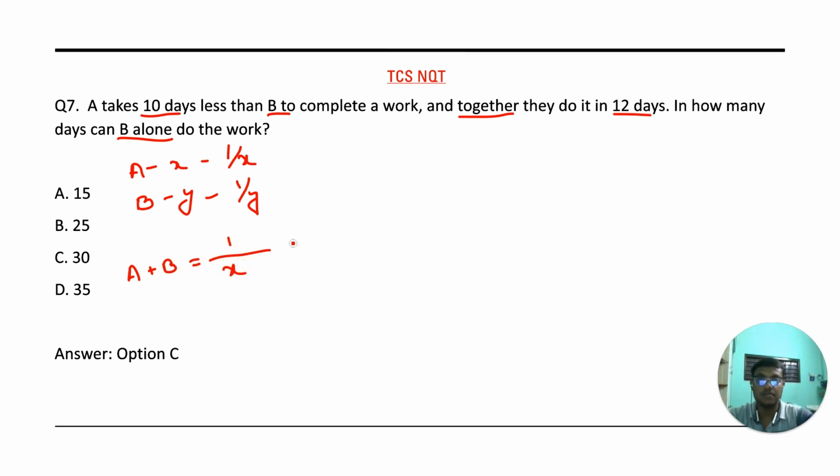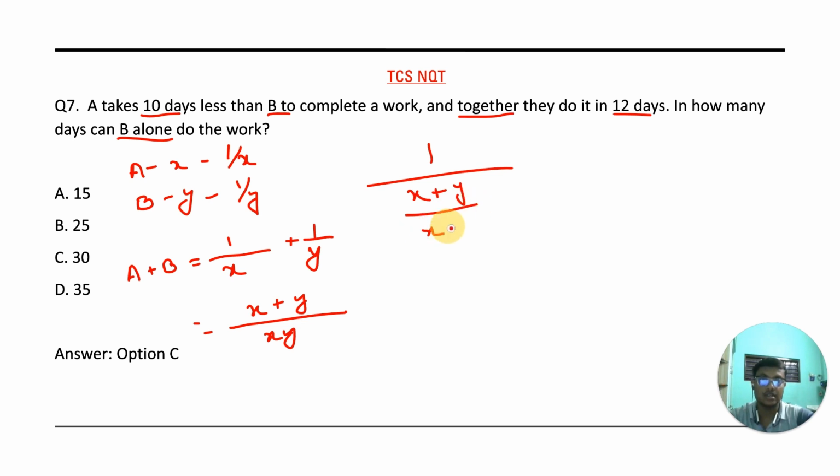Now, A and B can together do 1 by X plus 1 by Y amount of work in 1 day, which is equal to (X plus Y) by (X into Y). And we have been given that they can together do the work in 12 days.